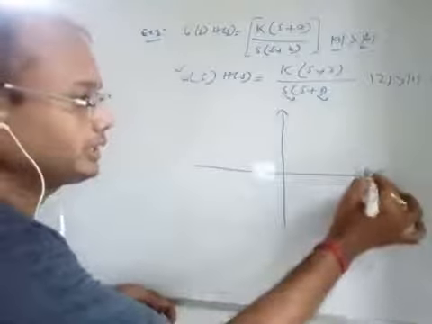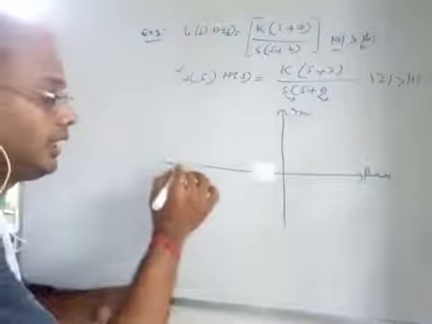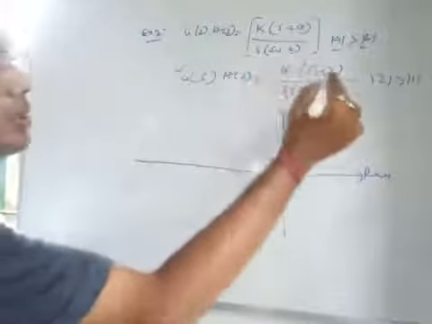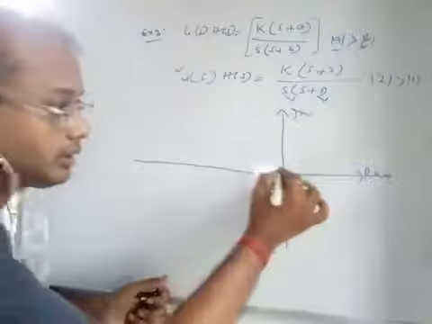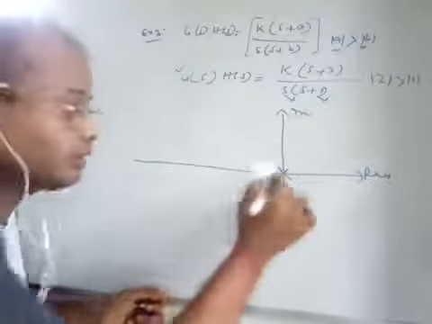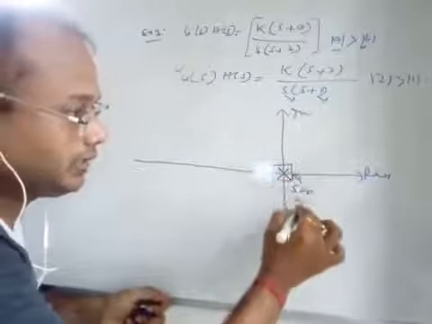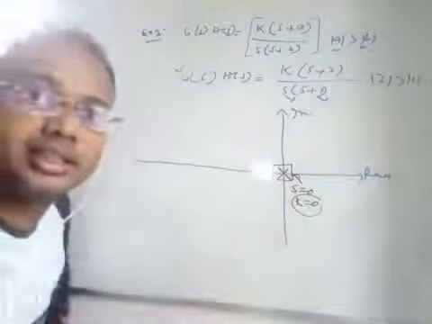This is your real axis, this is your imaginary axis. The poles are at S is equal to 0. So at S is equal to 0 there is a pole, where the value of K is equal to 0. That is open loop pole where the gain is 0.